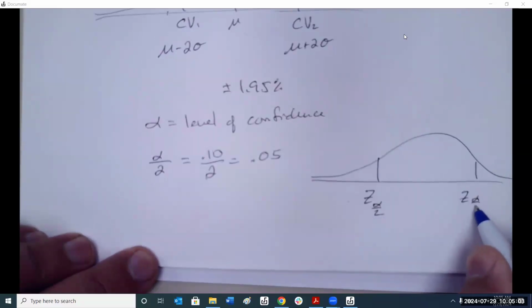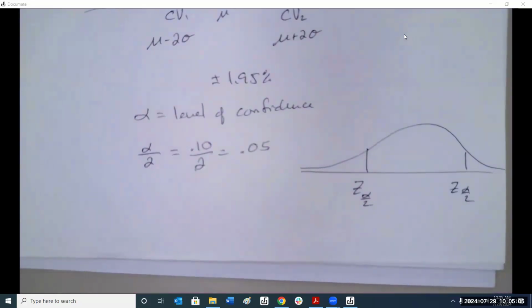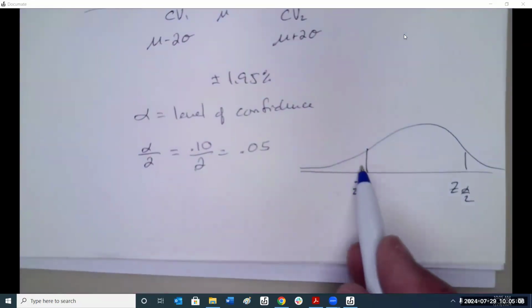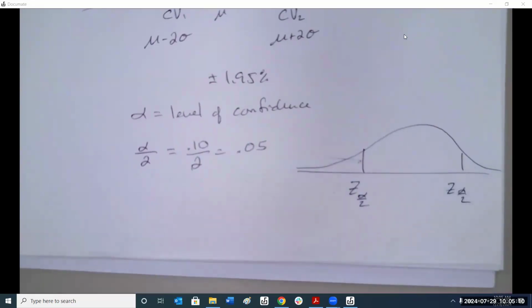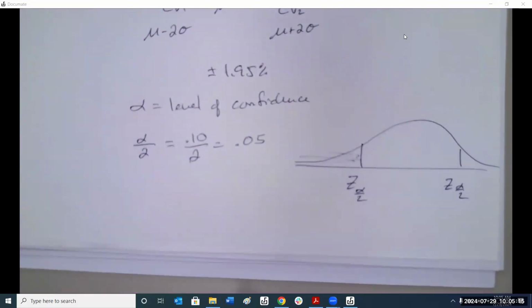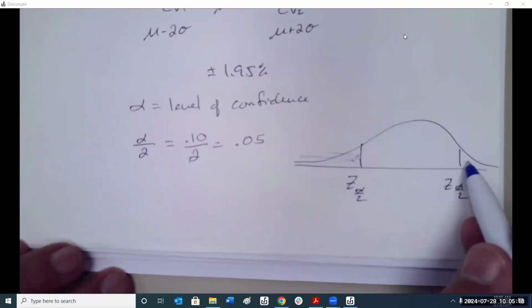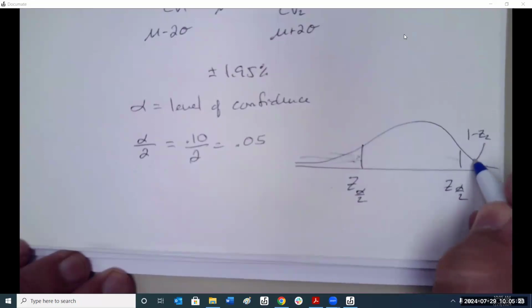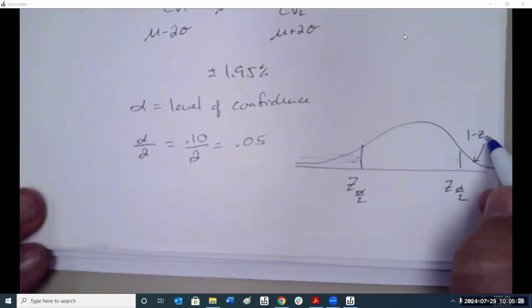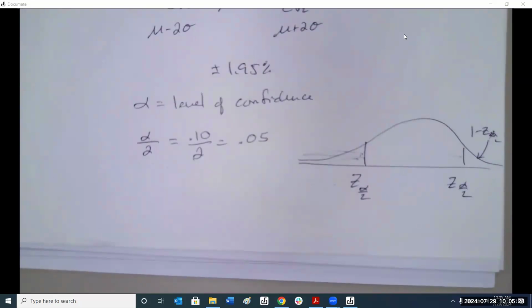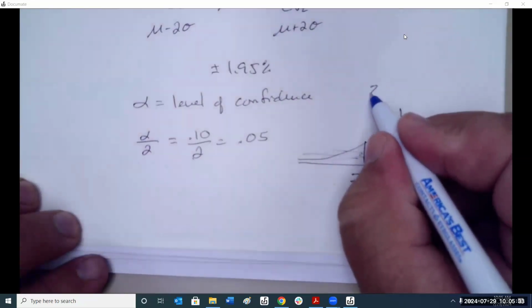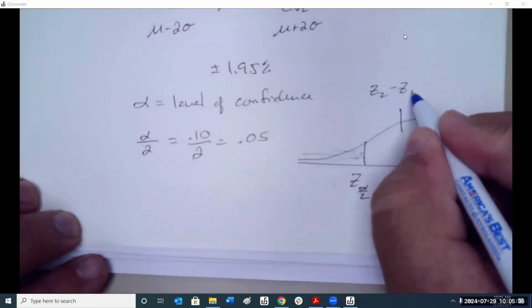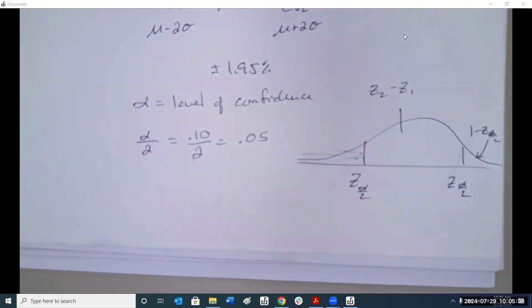Why the z-scores? That's all we know so far. And the z-score, the table tells us what percent is to the left of that. So we can find this part here. We can find this one here and subtract it from 1. Alpha 2. And then we also find everything in between. So this one here is z alpha 2 minus z alpha 1. That gives you that area, the area of those.